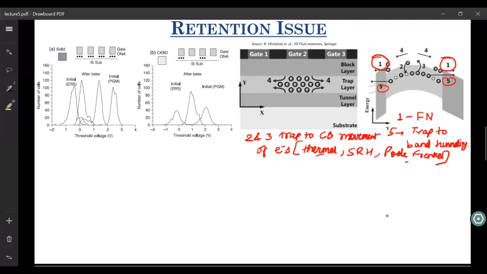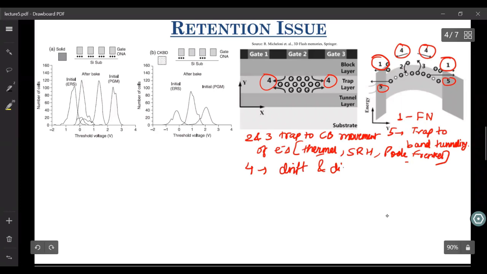Also, compared to 2D, there is this new component 4, which is because of drift and diffusion of electrons within the nitride layer, within the Si3N4 layer.